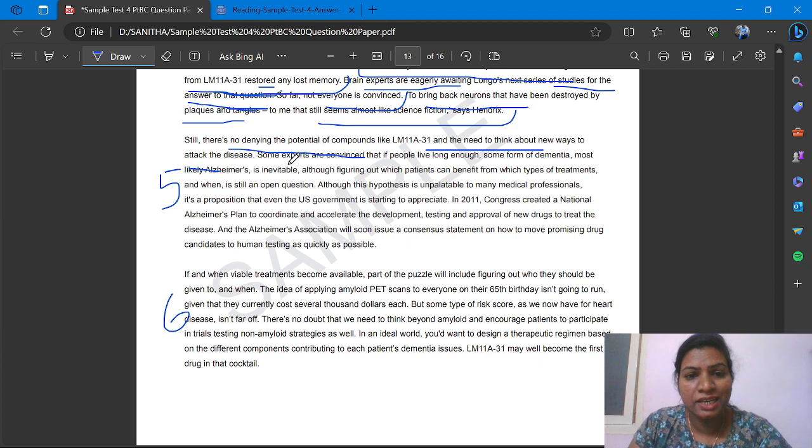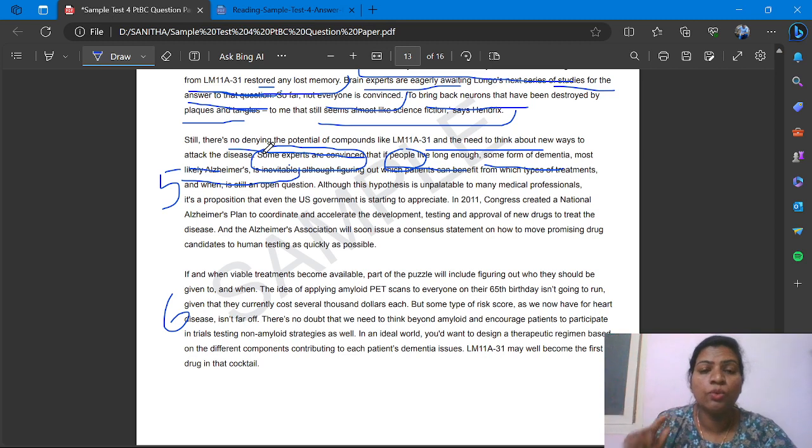Some experts are convinced that if people live long enough, some form of dementia, most likely Alzheimer's, is inevitable. So we are going to find out who the experts are.